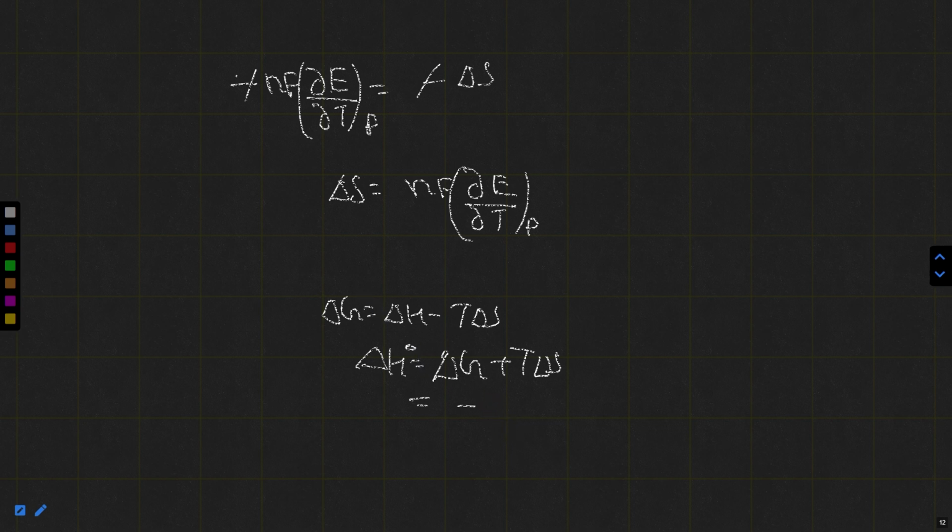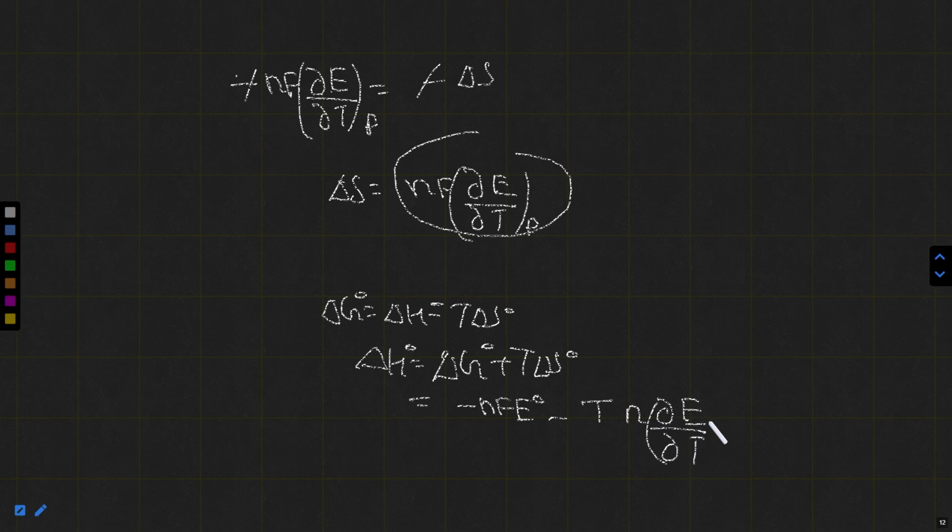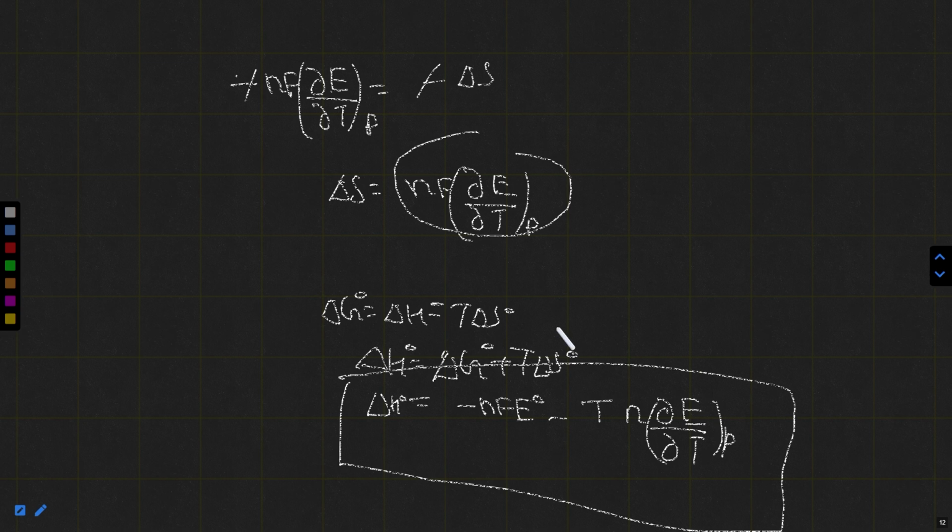Suppose we are taking standard condition, so it would give us minus nFE naught, plus T delta S, which is nF dE by dT at constant pressure. In this way, we can find our delta H naught. This was another equation that we had.